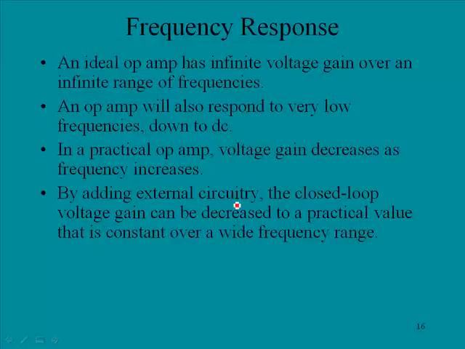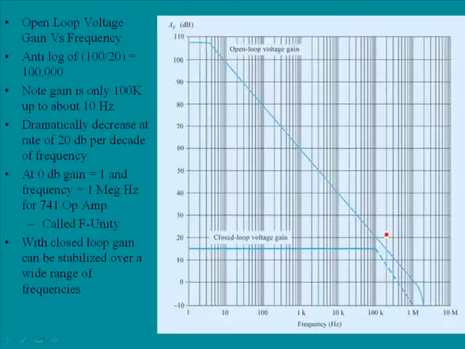By adding external circuitry, the closed-loop voltage gain can be decreased to a practical value that is constant over a wide range of frequencies. And this has to do with negative feedback.